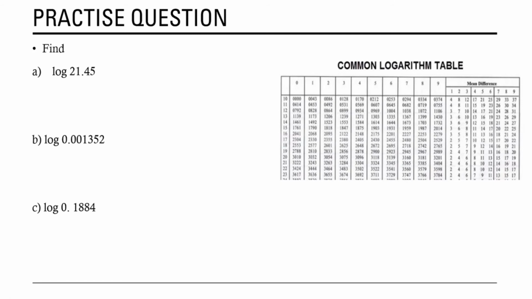We can either write it in the standard form, 21.45 is equal to 2.145 into 10 raised to 1, so the characteristic is 1 and the mantissa is log of 2.145, or we can use the property for finding the characteristic. Here the integer part has 2 digits, so the characteristic will be 2 minus 1, that is 1. So this is equal to 1 point log of 2.145.